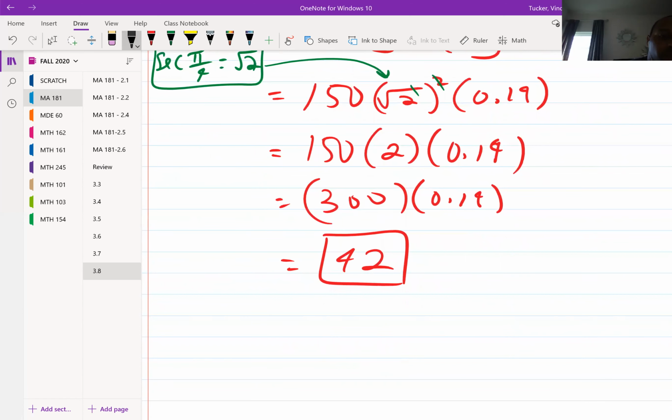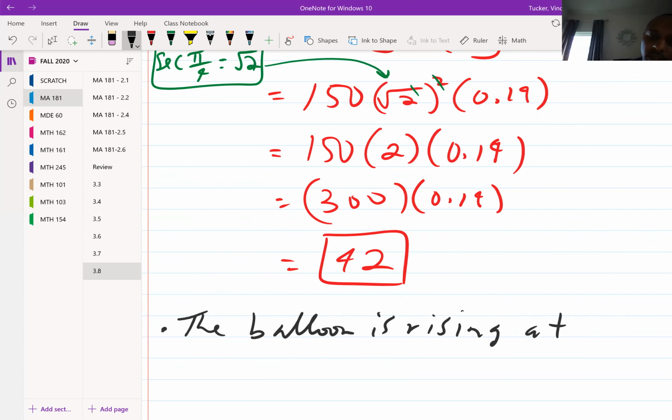All right, the balloon is rising at 42 meters per minute. So that's how we'll do that one.